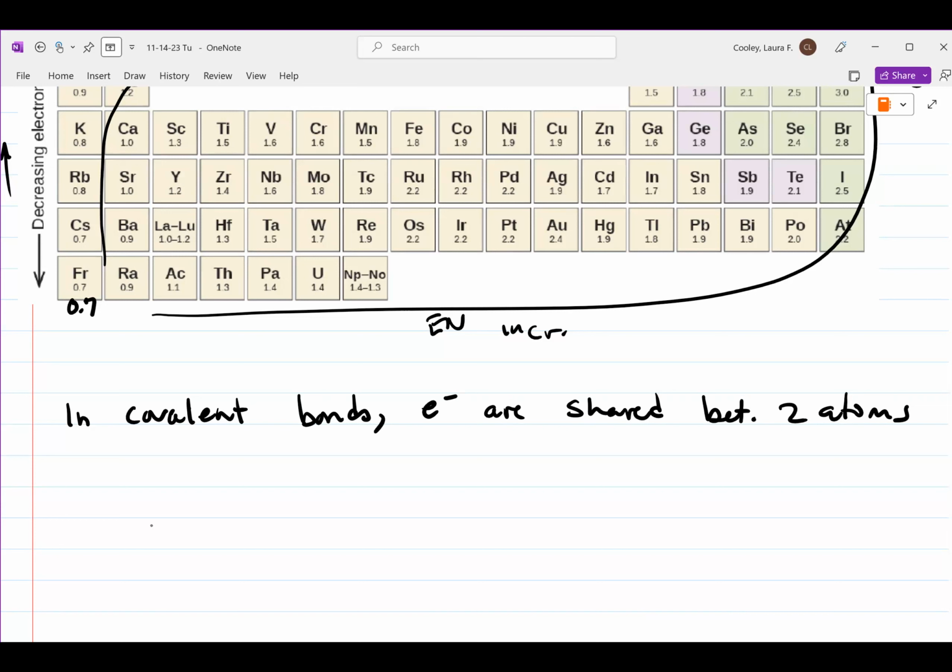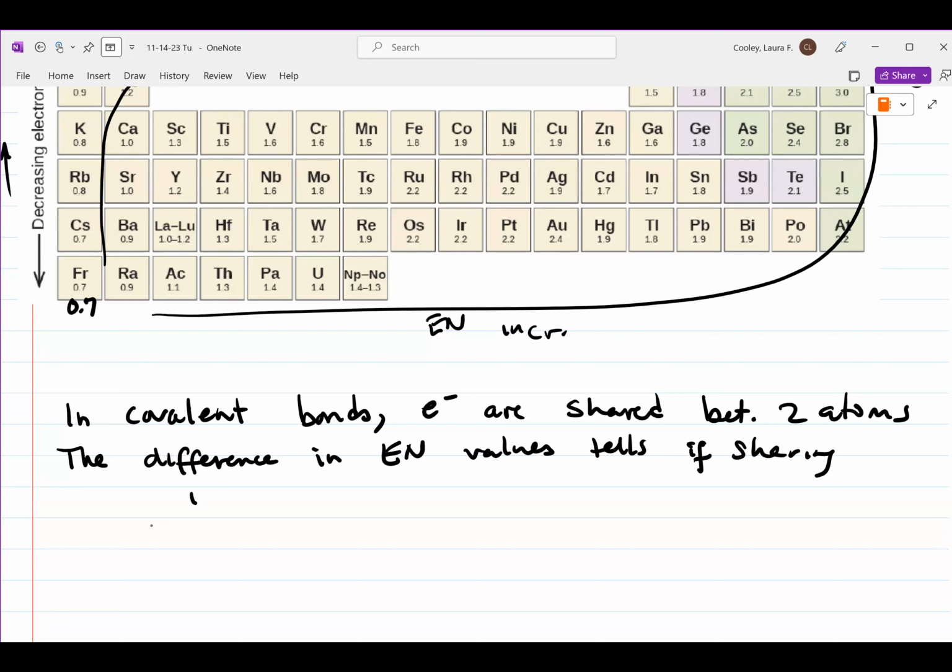So it's the difference in electronegativity values that tells if the sharing is sort of equal or not.